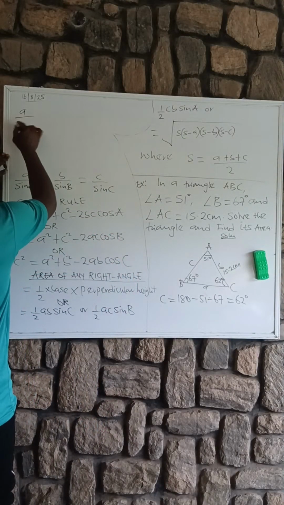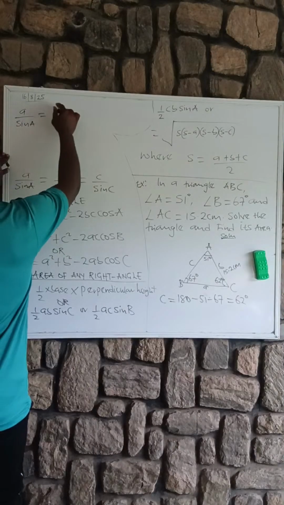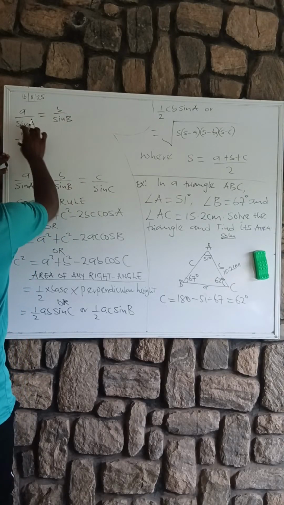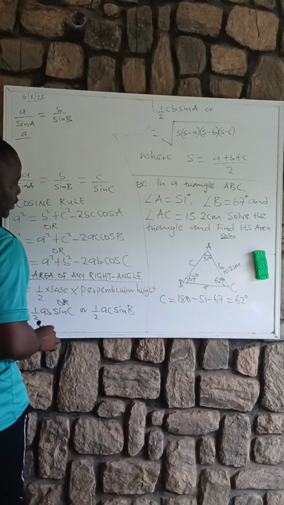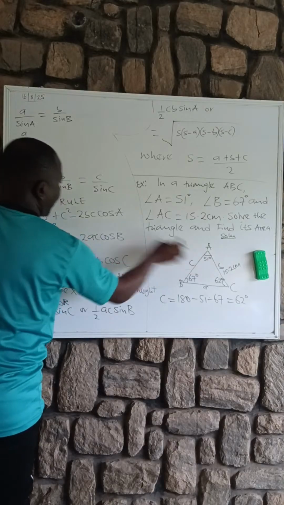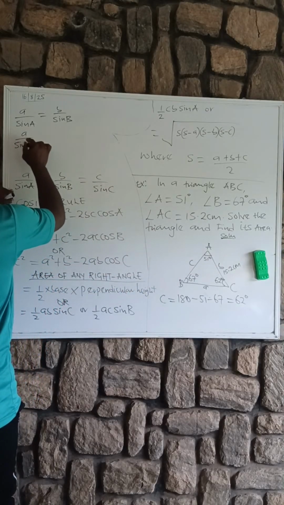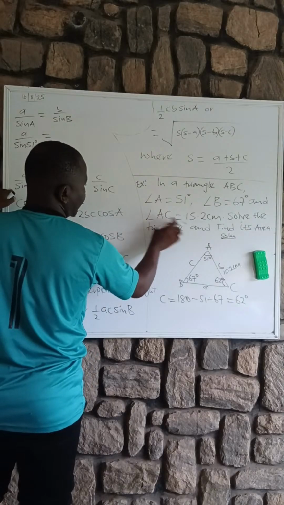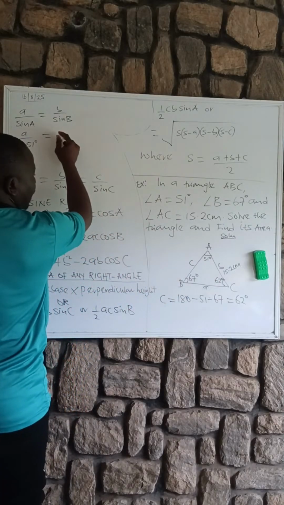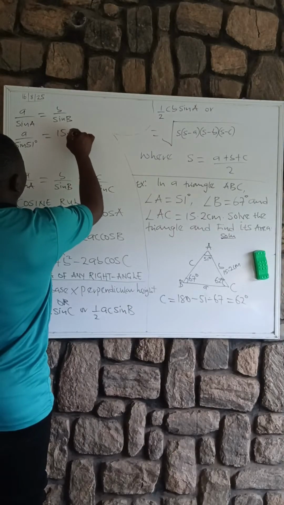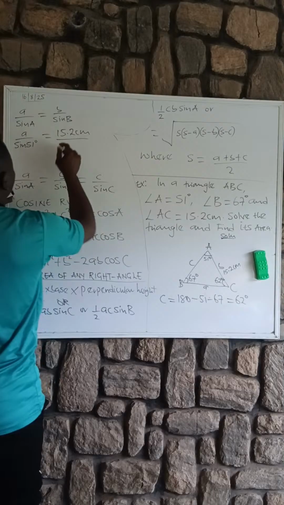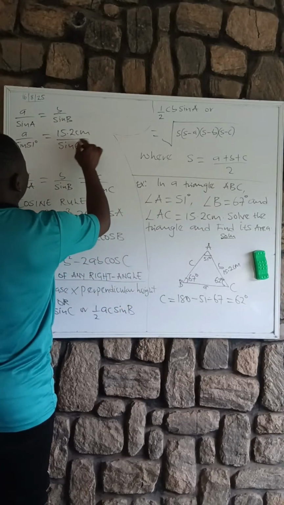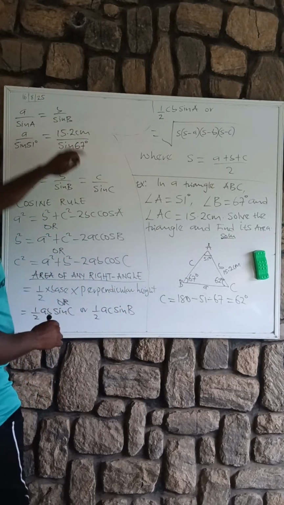So a over sine A is equal to b over sine B. So here will be a over sine 51 degrees equals b, which is our AC, given as 15.2 cm, all over sine angle B, which is 67 degrees, right? So we cross multiply.